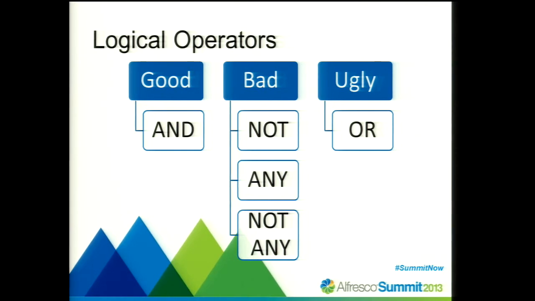Whilst OR isn't very good on the database, SOLR is really good at OR expressions, as it turns out. Much better than we're ever going to be able to do on the database side, because it can just skip through the whole lot together, and the database has to actually build all the results and do the rest of the stuff to follow through. So the way things are indexed in SOLR per document helps a lot in executing that query.